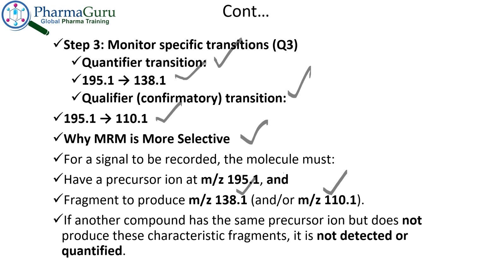If another compound has the same precursor ion but does not produce this characteristic fragment, it is not detected or quantified. That is the reason MRM is more selective or specific.